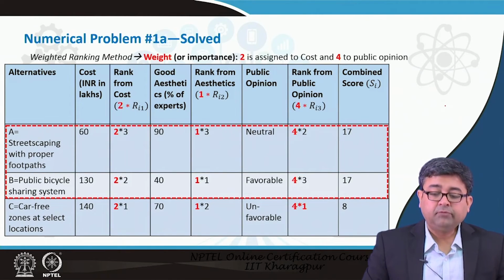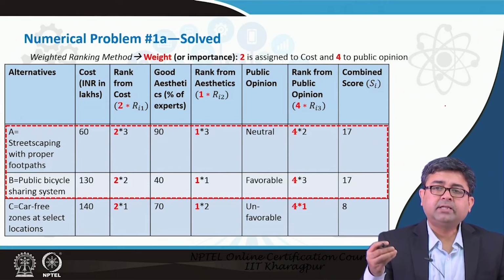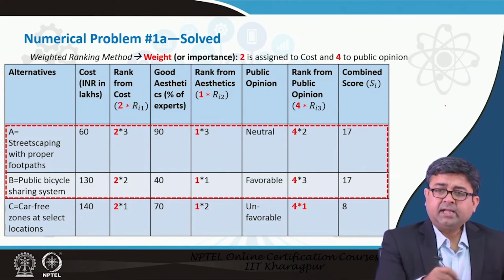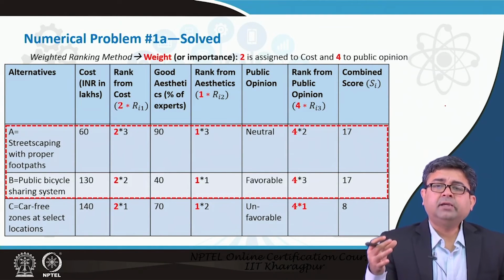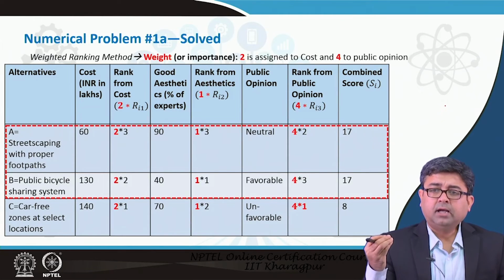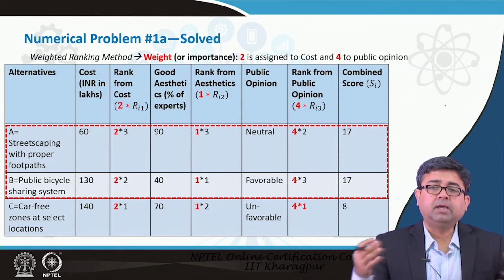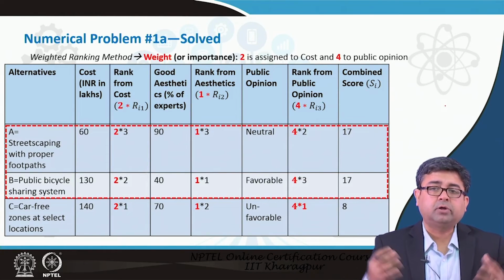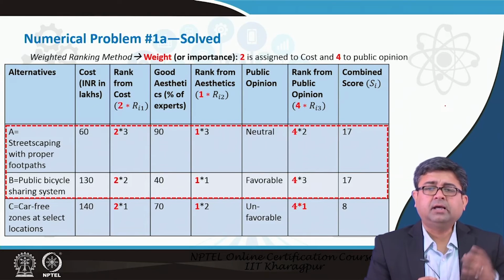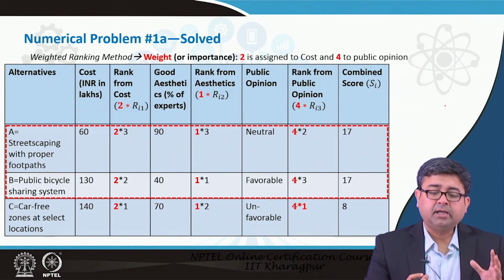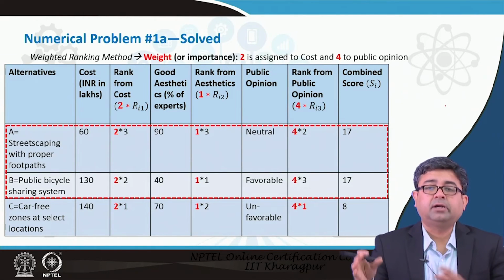But now if you apply weights, meaning which of these three criteria should have the highest weight, decided maybe by experts, maybe by the users or whoever it is, because you may think that cost may not be the most important criterion or aesthetics may not be the most important criterion.